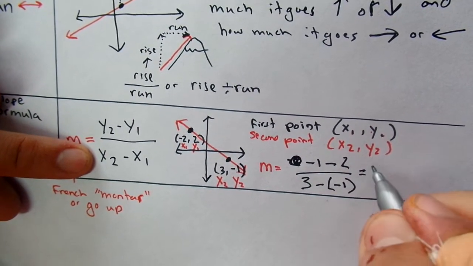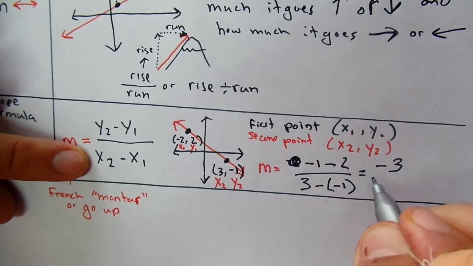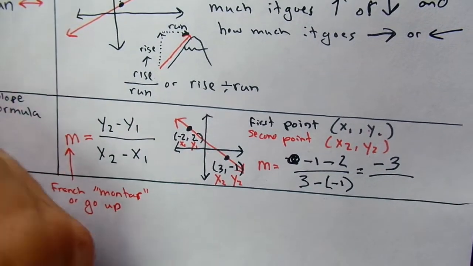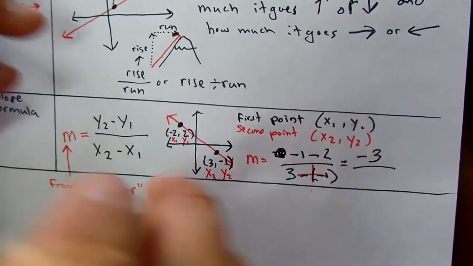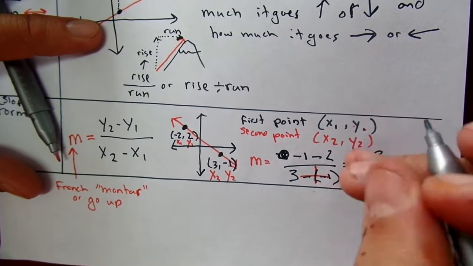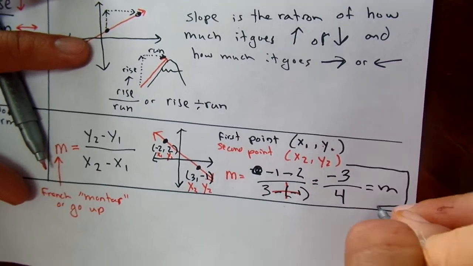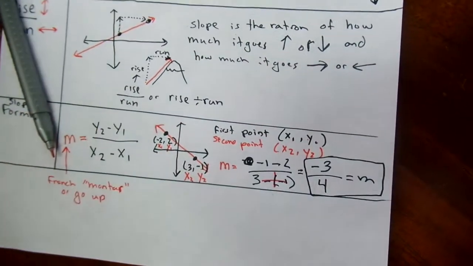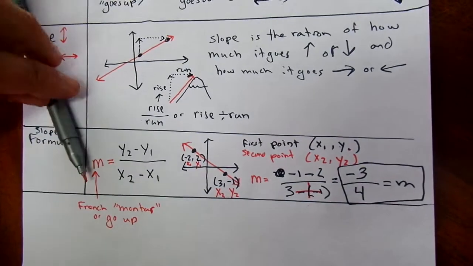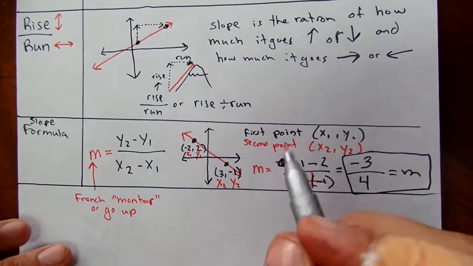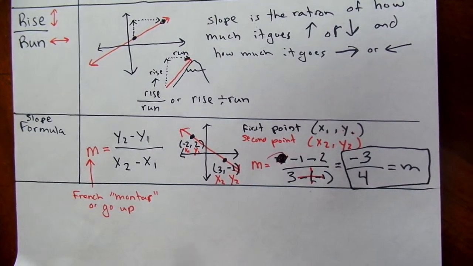Negative 1 minus 2 is negative 3. This, we have 3 minus negative 1. That becomes a plus. 3 plus 1 is 4. So that is our answer, no more. M equals negative 3 over 4. Okay? Now, if that was confusing, you got confused by me messing up, just watch it again.